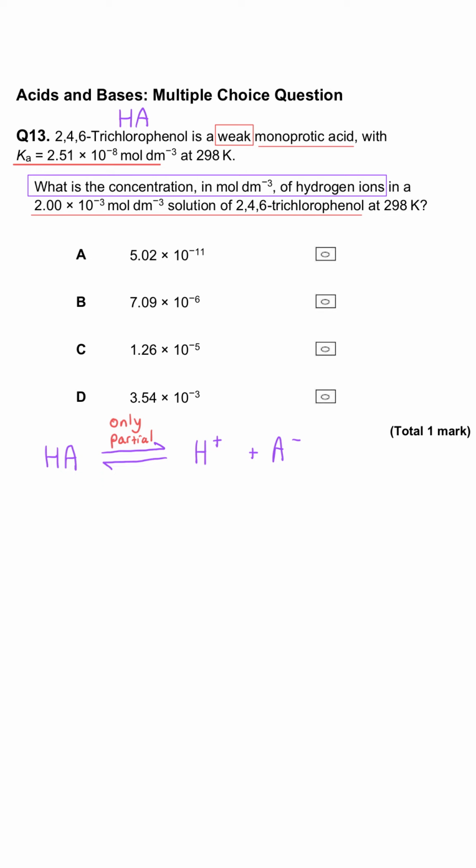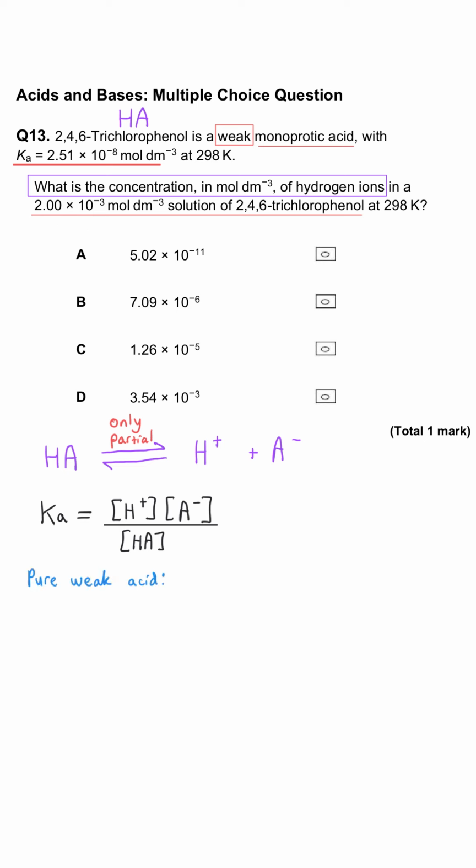Now, we've been given a Ka value and asked to calculate a hydrogen ion concentration, so that means that we need to use the Ka expression. Ka equals H plus concentration multiplied by A minus concentration divided by HA concentration, which is the undissociated acid concentration that we've been given there of 2 times 10 to the minus 3.